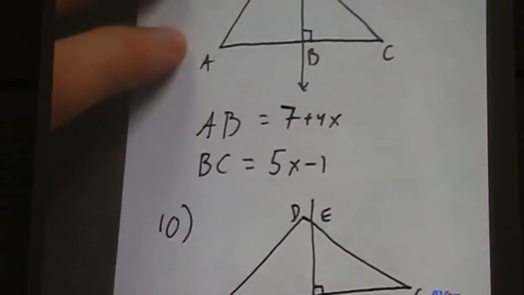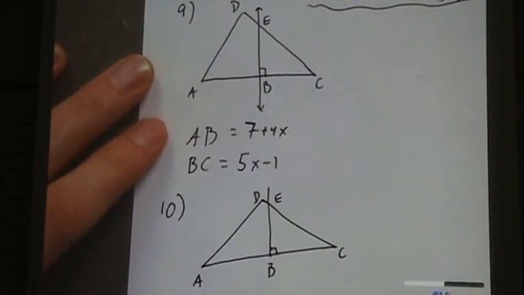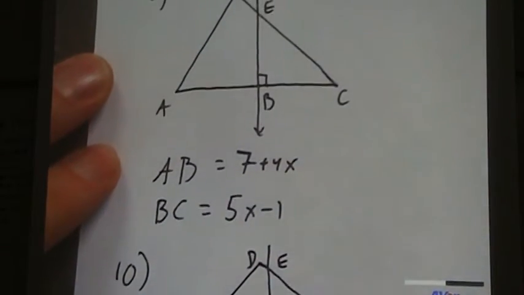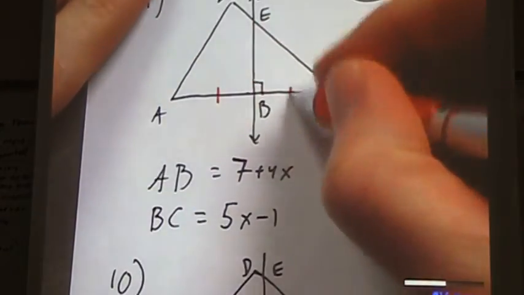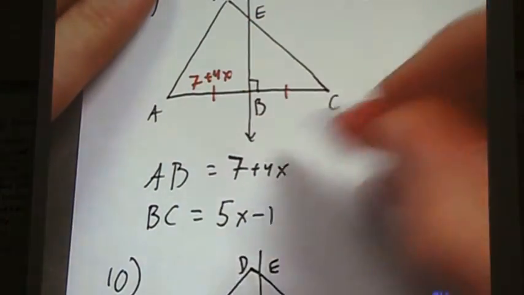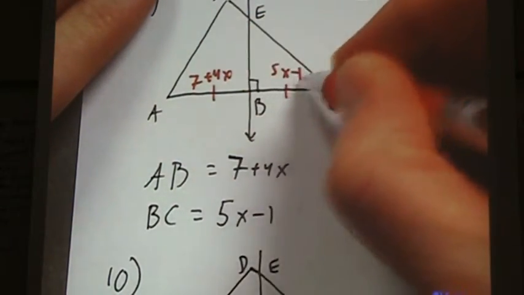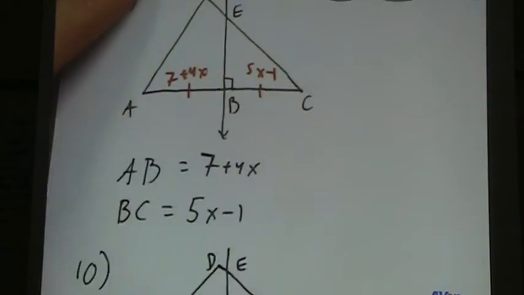And last but not least, we're going to check out some perpendicular bisector problems, okay? Remember, what does a perpendicular bisector do? 90-degree angle, bisects a side. It cuts it in half. So AB would be 7 plus 4x. BC would be 5x minus 1. Those guys are congruent, so we set them equal to one another.